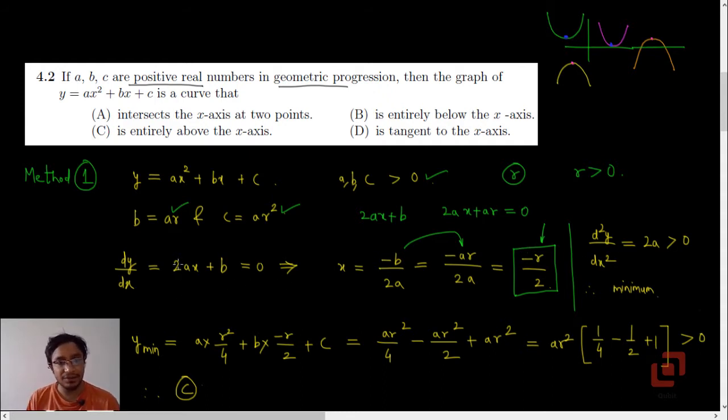We will differentiate 2ax plus b, which is the first derivative, one more time, and you will get 2a, and because a is positive, 2a is going to be greater than 0. So according to the second derivative test, if the second derivative is positive, then it must be minimum.